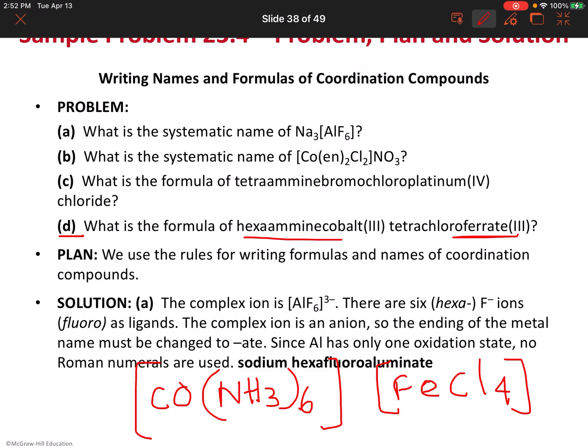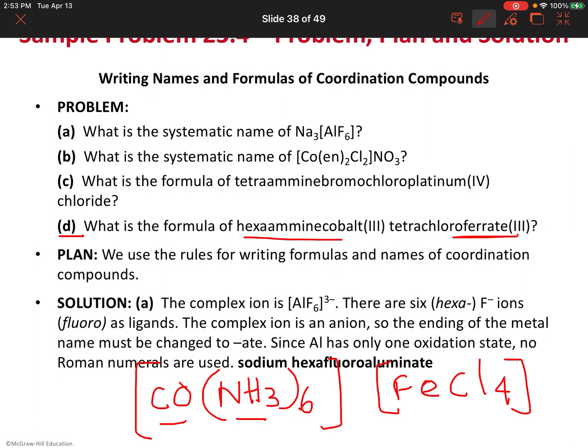Now we need to figure out what charges we need to put. We don't know the charge of the cobalt, so ammonia is going to be neutral. From FeCl4, so the cobalt, hexaamine cobalt 3.